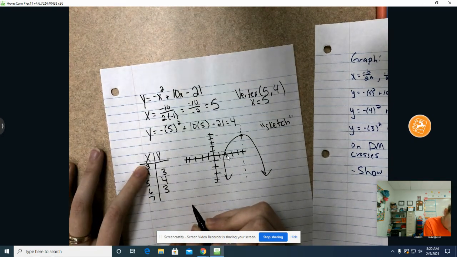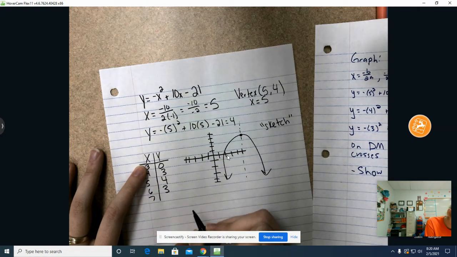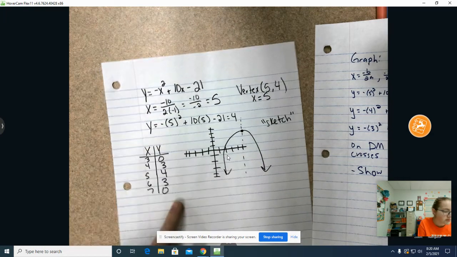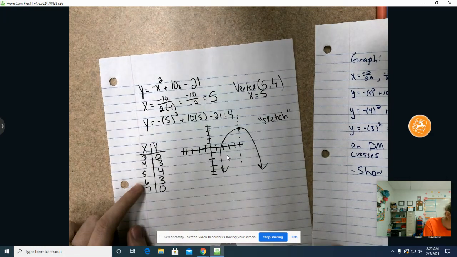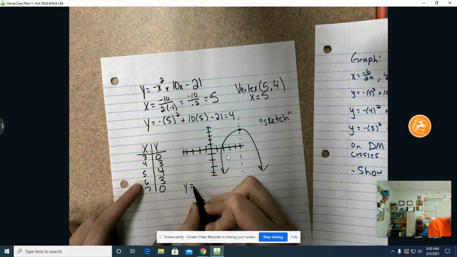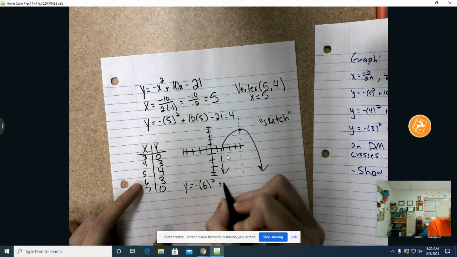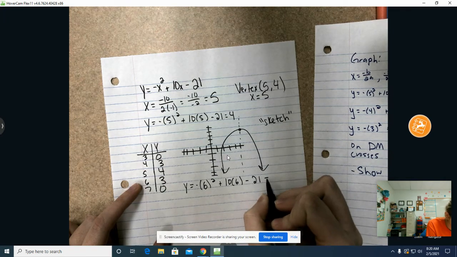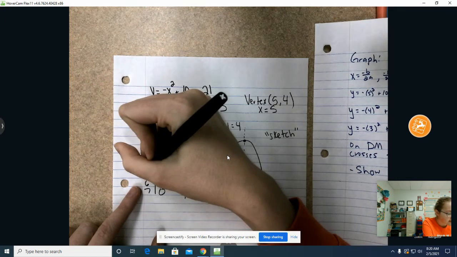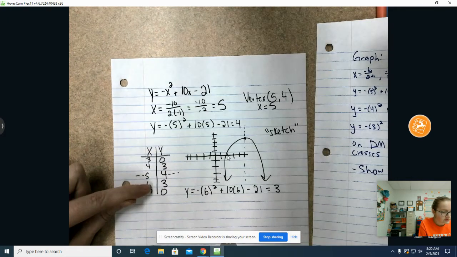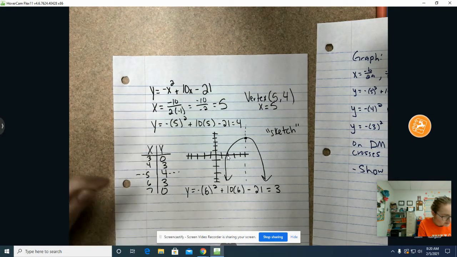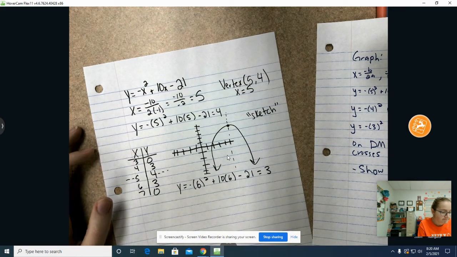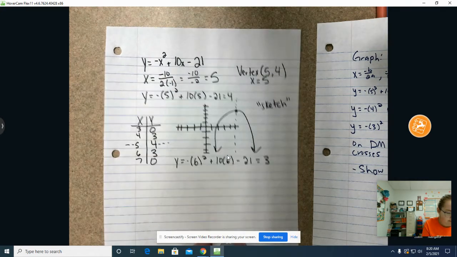And if I plugged in 3, I got 0. So x equals 7 is also going to be 0. So remember to get these points, for example, for the 6, I have y equals -6 squared plus 10 times 6 minus 21. And that's going to equal 3. And due to my axis of symmetry being here, if this one's 3, this one's going to be 3. And since this one is 0, this one's going to be 0.